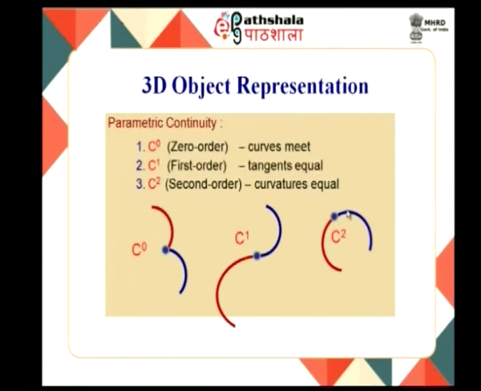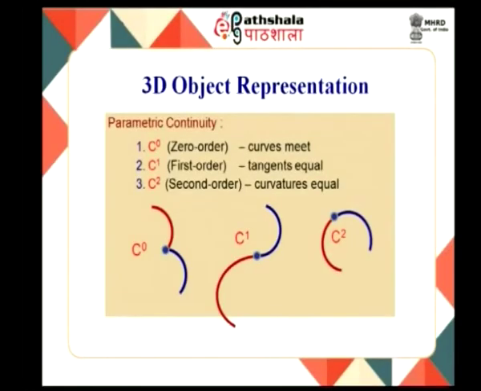And any two curve sections satisfying C squared continuity look as if they are not actually two different curve sections, but one single curve sliced up and then joined together later. So imagine you have a single nice flowing curve, and now you slice it up and then join it together again.